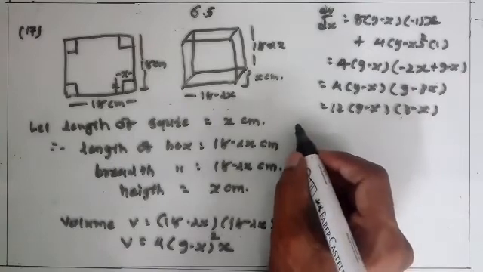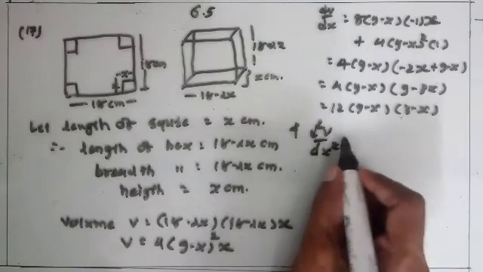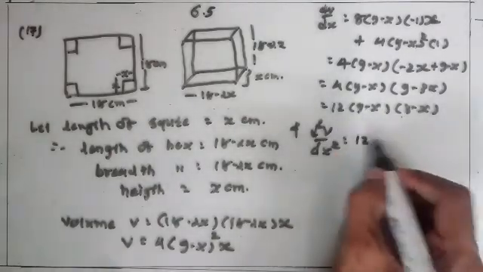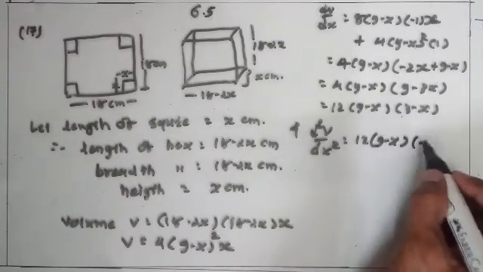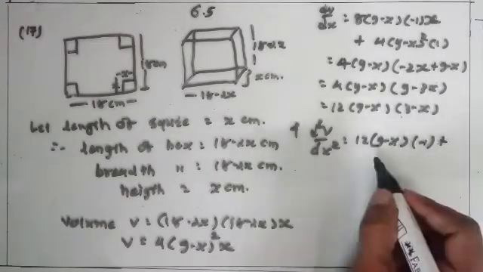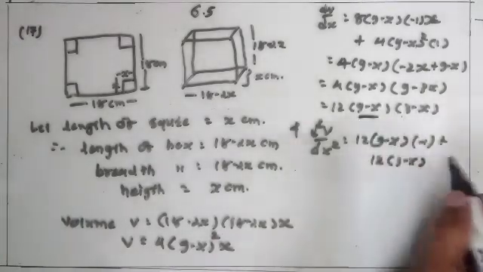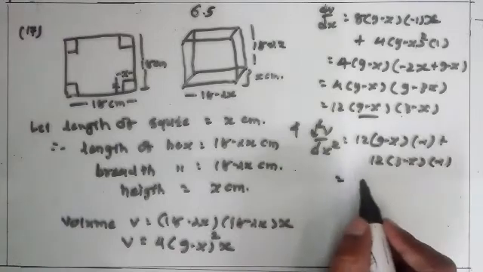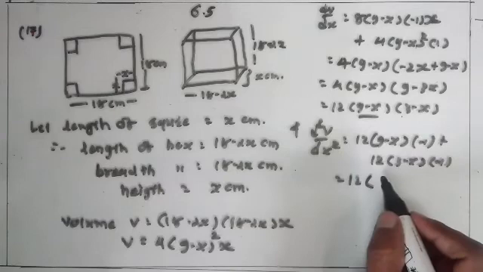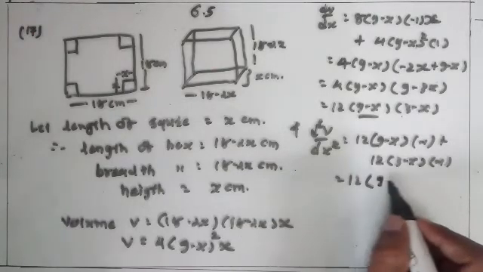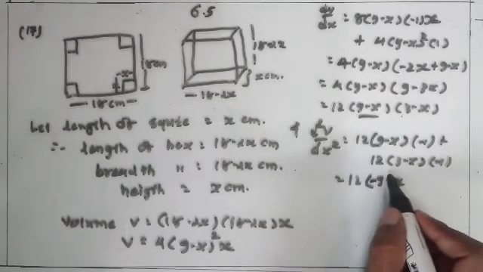Now get the second derivative. d square V/dx square is equal to 12 into (9 minus x) into the derivative of (3 minus x), which is minus 1, plus 12 into (3 minus x) into the derivative of the first term, which is minus 1. Take 12 common, so we get (9 minus x) into minus, and this becomes minus, this becomes plus.